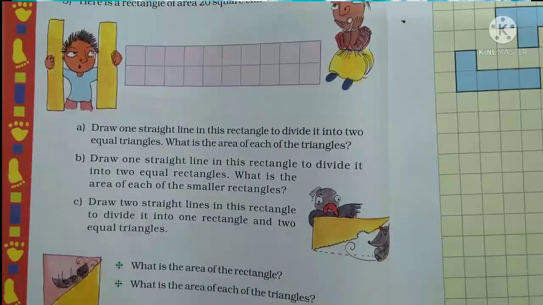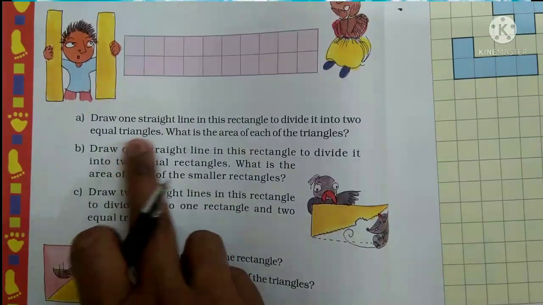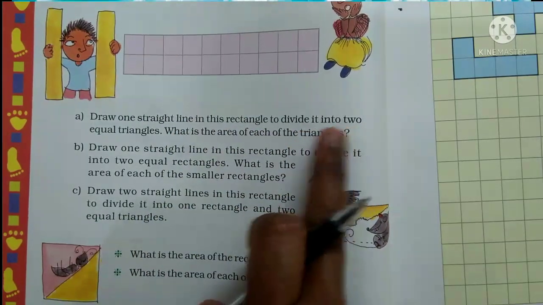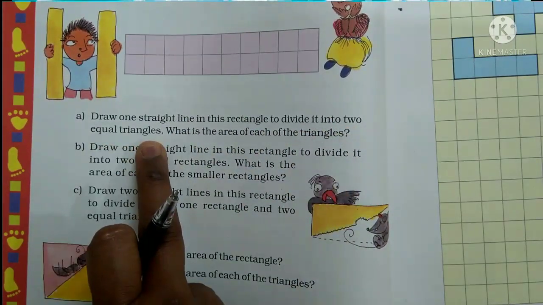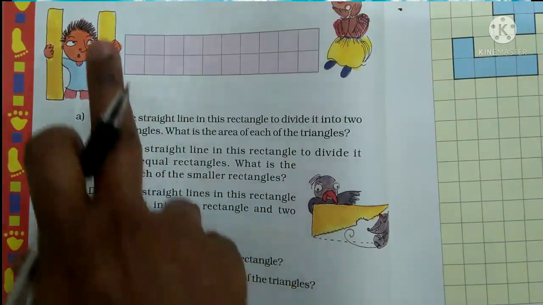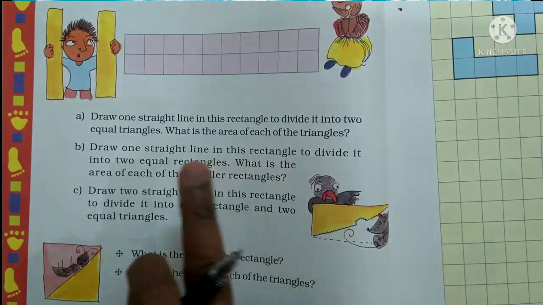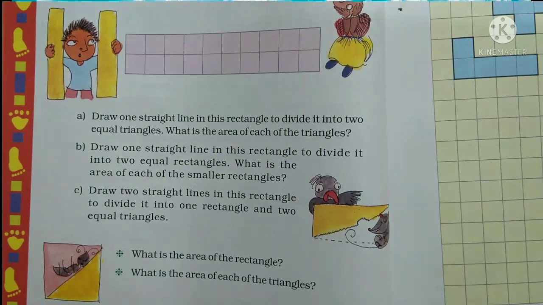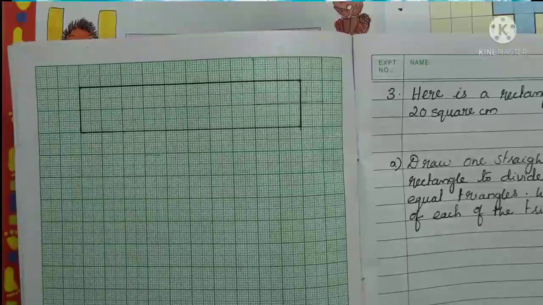So what is the first question? Draw one straight line in this rectangle to divide it into two equal triangles. This is a rectangle. We want to cut this rectangle into two equal triangles. What is the area of each of the triangles? So here I can draw this figure in a graph paper. Let's see. Yes.